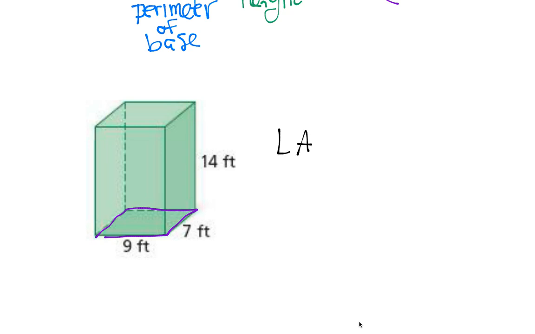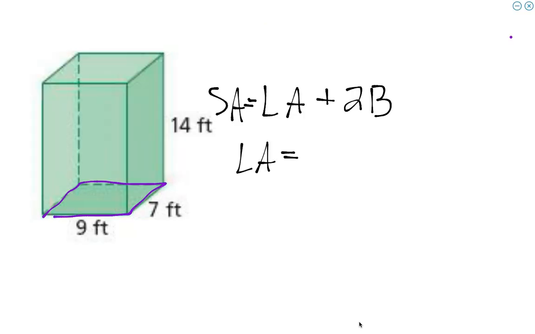So lateral area plus 2B, that's how we're going to find that surface area. Lateral area is going to be the perimeter. You can compare how I'm doing it this time compared to how I did it last time. I'm just going to break it apart. I'm going to find the lateral area. I'm going to find capital B, and then I'm going to bring it all back together.